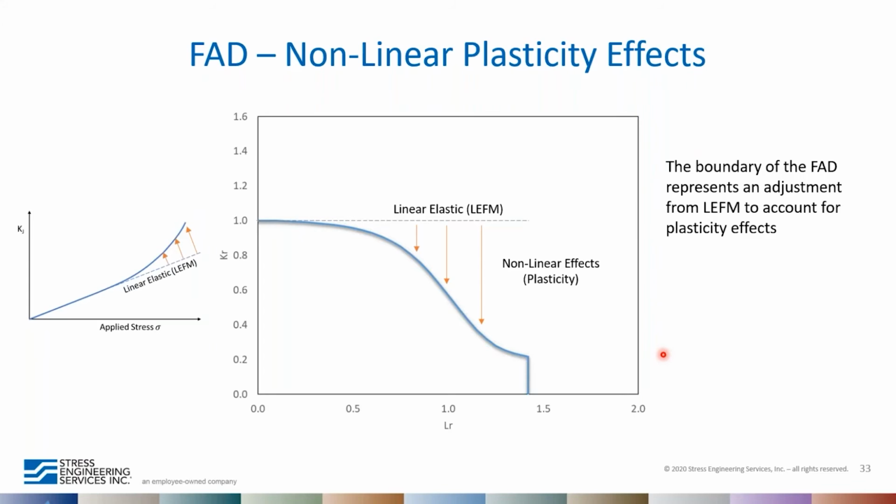And it's also possible to do finite element analysis and determine a J-based FAD for a specific component. But overall, the advantage of this is that because these nonlinear effects are captured by adjusting the boundary of the FAD, we can continue performing kind of a more linear analysis when we determine our assessment points within the FAD.